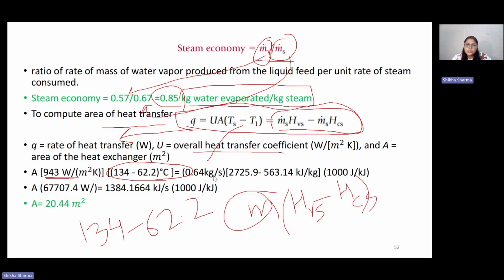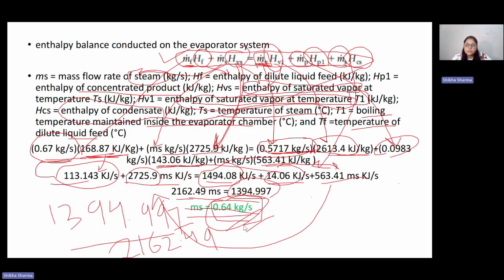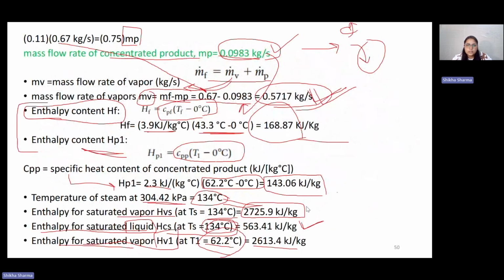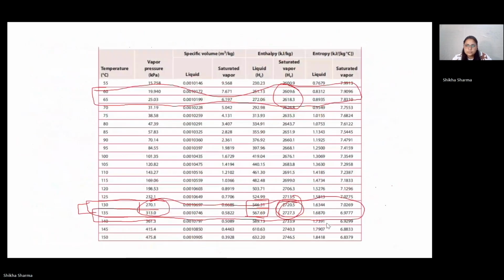equals MS, which we calculated from here as 0.64 kg per second, multiplied by the subtraction of the enthalpies, right? The saturated steam enthalpy at 134 degrees Celsius minus the enthalpy of the saturated liquid at 134. So that is 2725.9 minus 563.41.